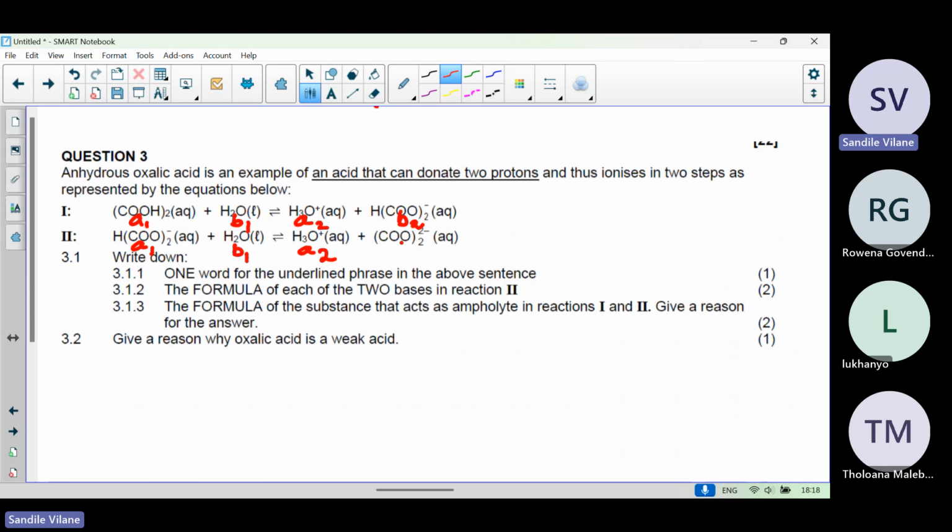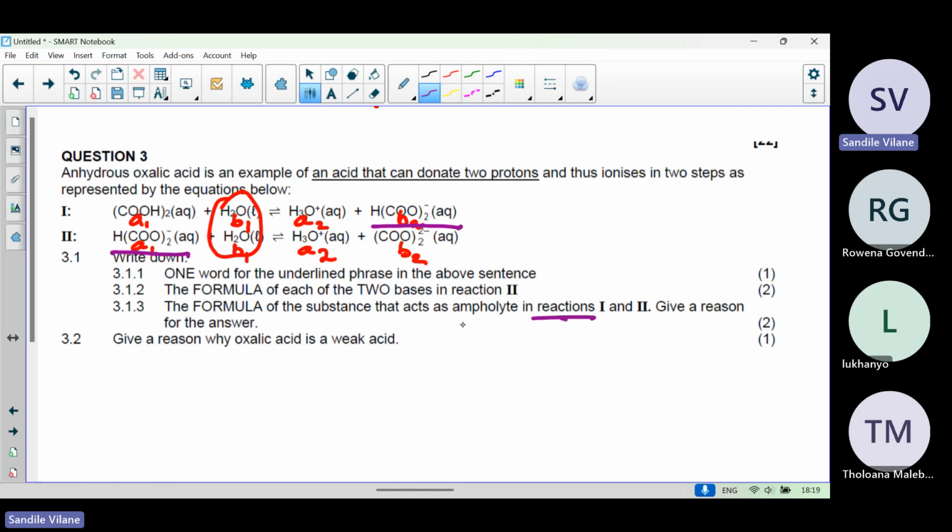So look at what happens. Water is a base in both of these reactions. It is not what we call the ampholyte, specifically in this reaction. But look at this ion in reaction 1. This ion is a base, but this same ion in reaction 2 is now an acid. Therefore, for this specific question, water is not an ampholyte.